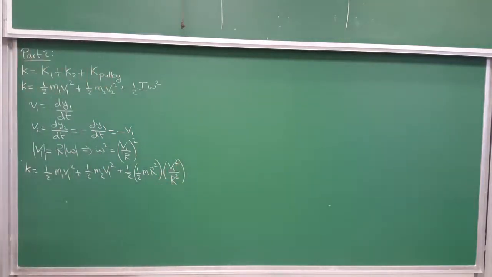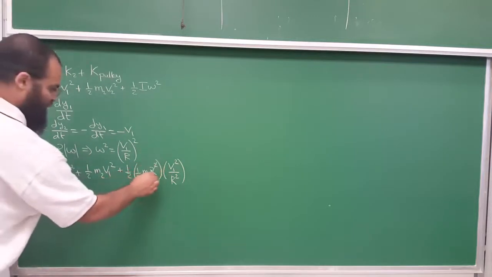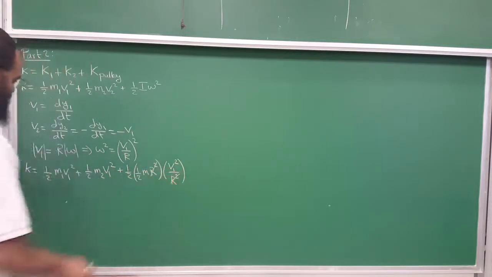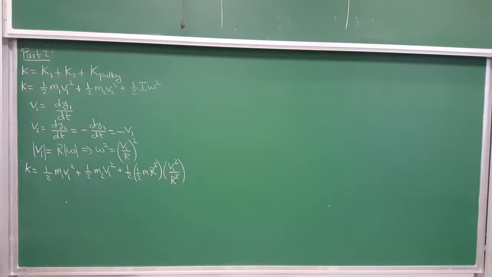So a couple good things happen. The r squared cancels. We have a v1 squared everywhere, and we have a 1/2 everywhere. So I'm going to have K equal to 1/2 pulled out, and the v1 squared pulled out. So I'll pull it out, put it on the other side.